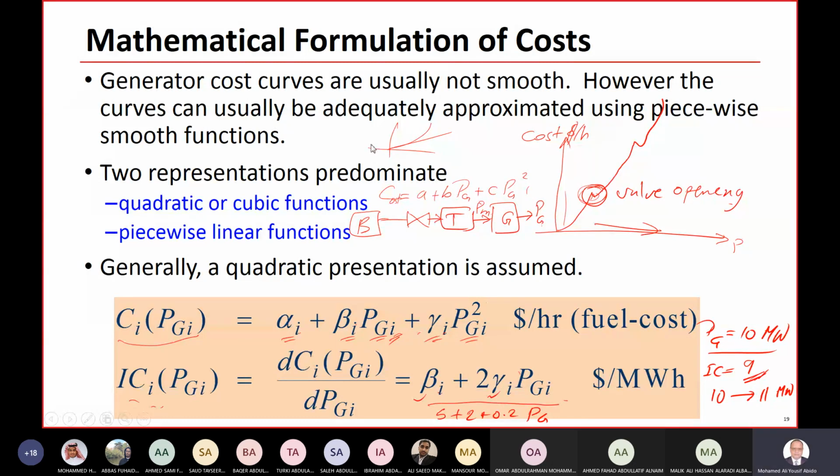So, the mathematical formulation of the costs. As we mentioned, cost could be a linear function in the power, a quadratic function, or a cubic function.